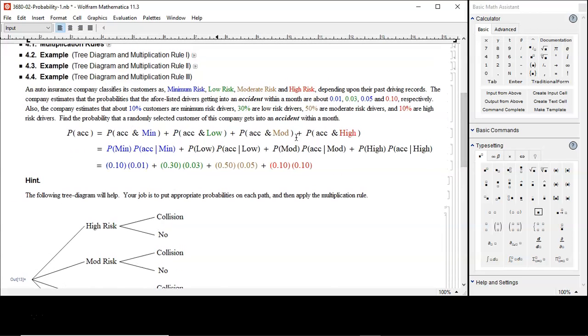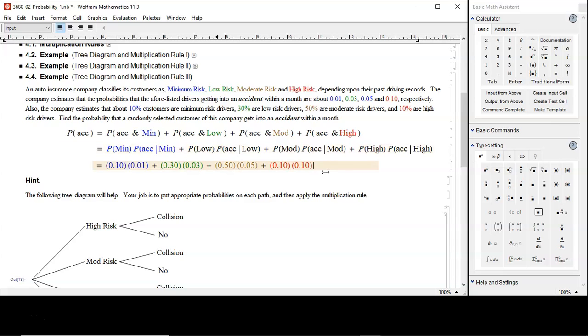And that's why I gave you this, to give you some kind of foundation, basis. What the heck we are doing? We want to get these accidents in all kinds of categories and then add them up, addition rule. But in order to get each of those probabilities, we need multiplication rules. And then in the end, we get that.